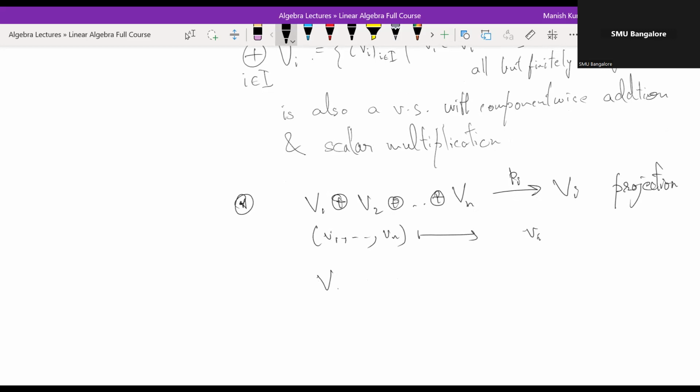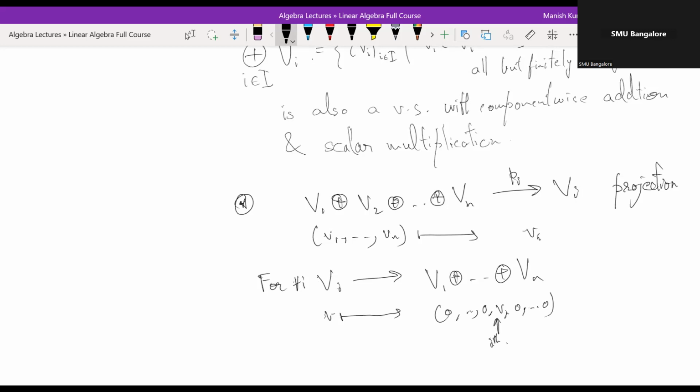For each i, we have a map from V_i to V1 direct sum up to Vn, which sends v to the tuple with 0 everywhere, and v in the ith spot.